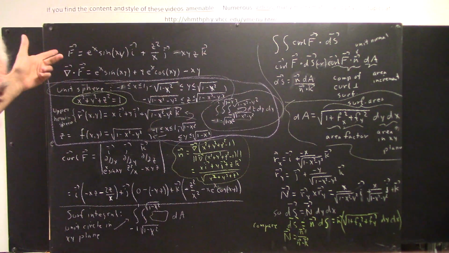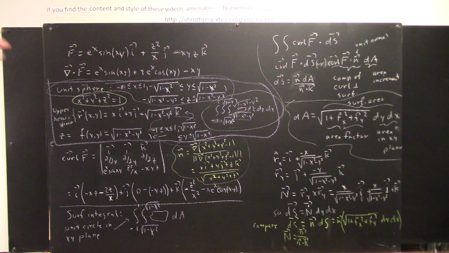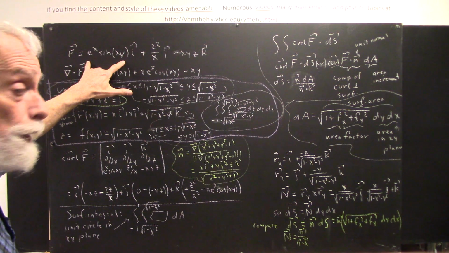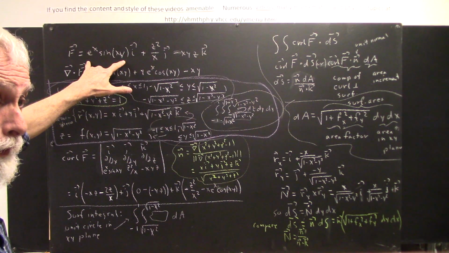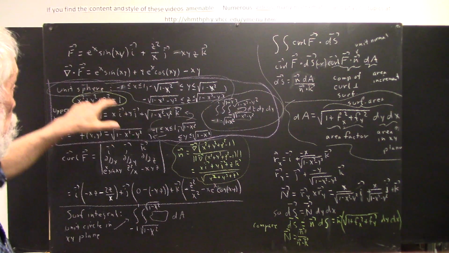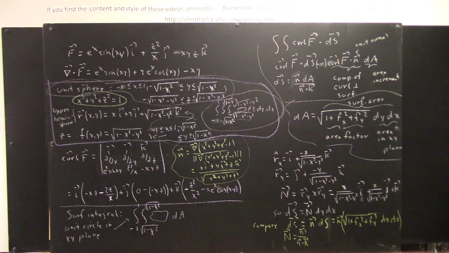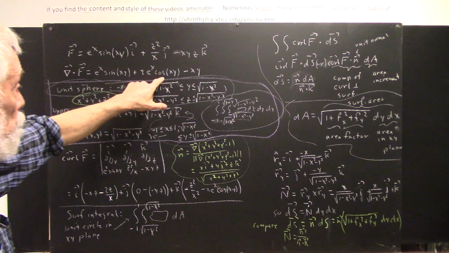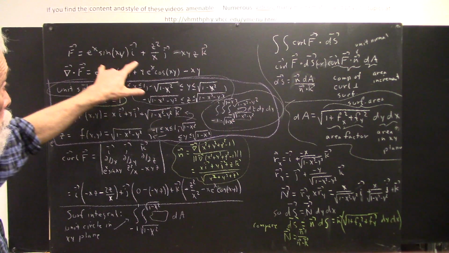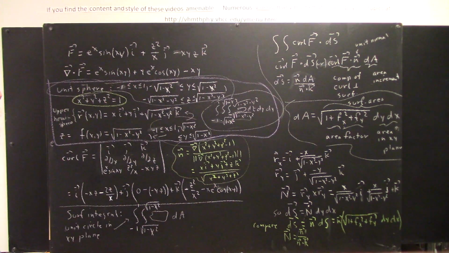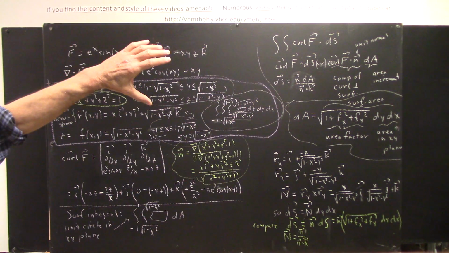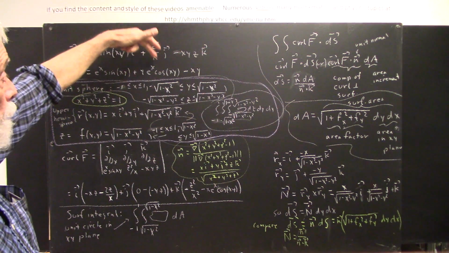The divergence, of course, we're dotting the partial with respect to x operator with the x component. In other words, we're taking the x derivative of this function, and we get e to the x sine of xy plus y e to the x cosine of xy. This is all from the i component. From the j component, we dot the partial with respect to y operator with the j component.